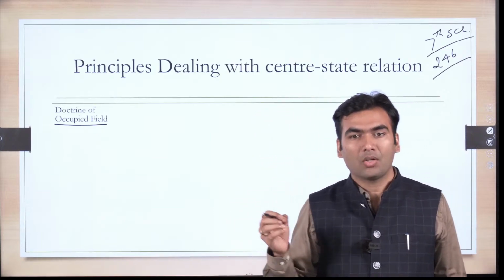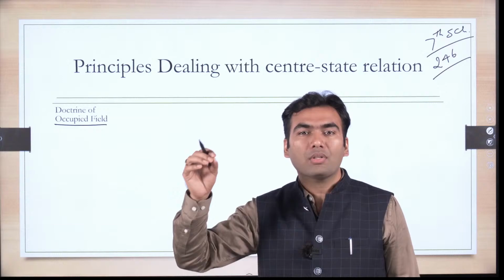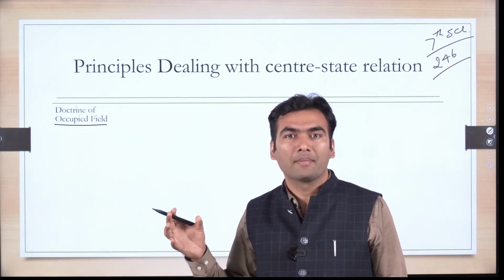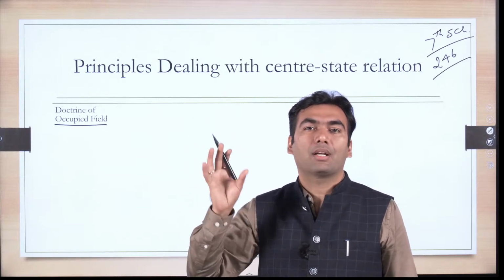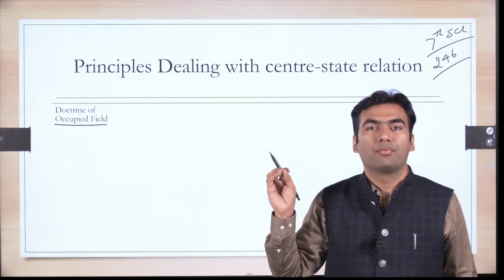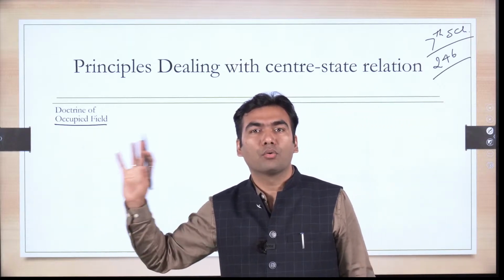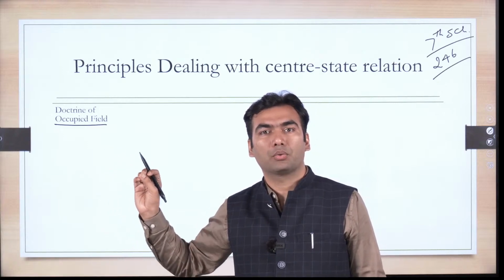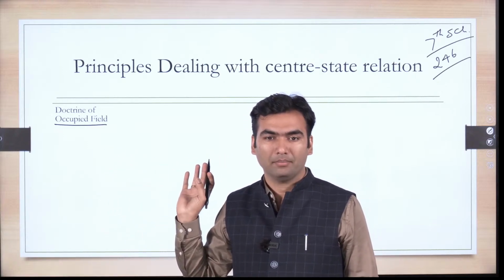This doctrine is saying that if both have jurisdiction on a particular field to make law and the center has made a law, then the field would be considered occupied and the state cannot make any law contradictory to the law made by the center.